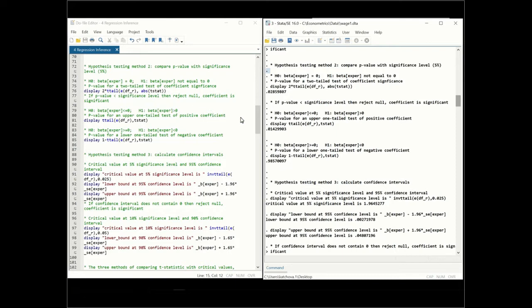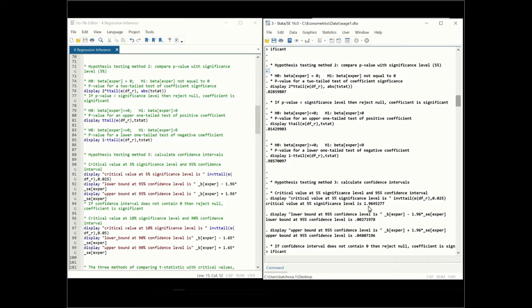The third way to test hypotheses for coefficient significance is to calculate the confidence interval. How do we do that? First of all, let's display the critical value at 5% significance level, which we get by calling invttail. We give the degrees of freedom, and we split the significance level into two because we have a two-tailed test. Here we find that the critical value is 1.96.